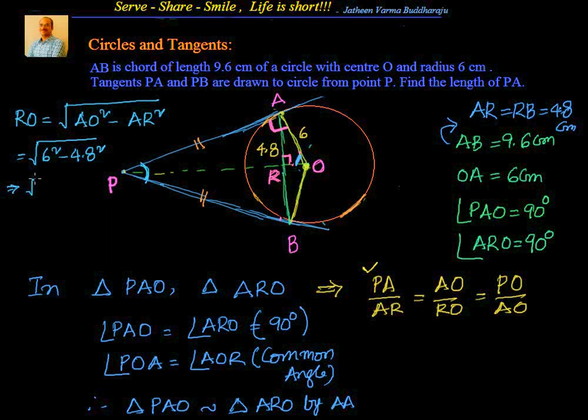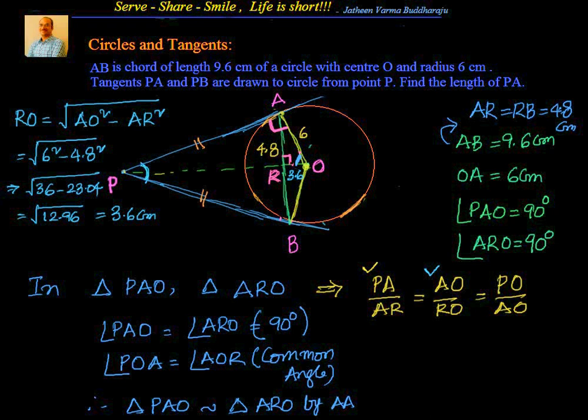So if you simplify that, you will get 36 minus 23.04, that's equal to 12.96, and square root of 12.96 is 3.6. So we have 3.6 here. So we have AR, we have OA, we have OR, all the information is available.